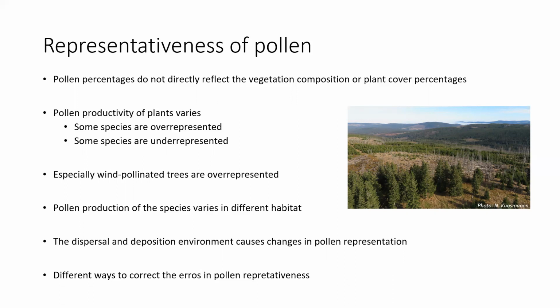You can have different amounts of pollen in peat or in lake. And there are many different ways to correct errors in pollen representativeness. There are different kinds of models to model the actual vegetation cover, and some of these ways we are going to look at in the next lecture.